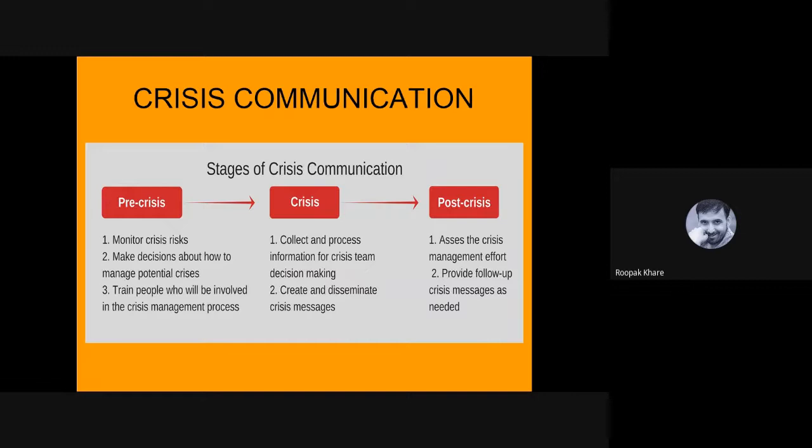Post-crisis communication is again very important, from the point of view that something has happened in the past and we need to be prepared for similar incidents in future. People should be able to understand what has happened. So the analysis of the past crisis is to be done, and that is done under post-crisis communication. Assess the crisis management efforts, provide follow-up crisis messages as needed.